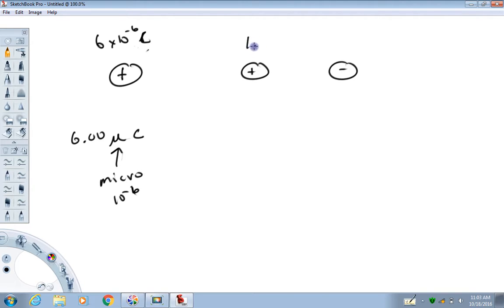Then in my example, this one is labeled 1.5 microcoulombs. And then the other one is minus 2 microcoulombs, which is minus 2 times 10 to the minus 6 coulombs. And again, in your homework, these may be different values. But if they have the micro, that means 10 to the minus 6.